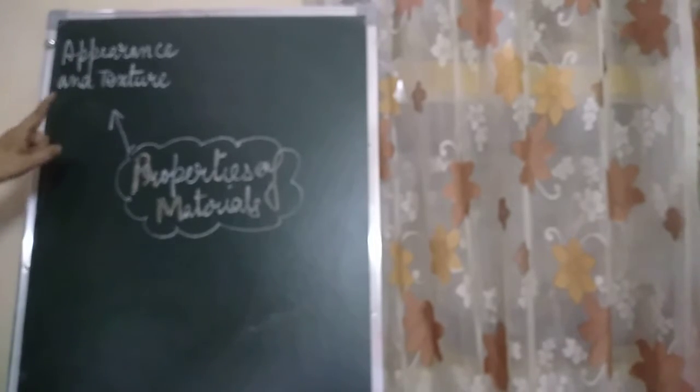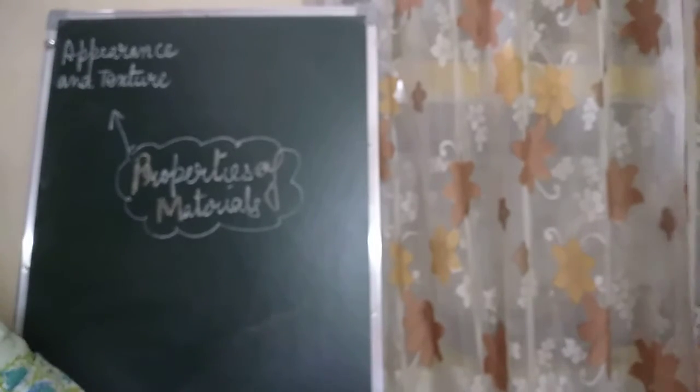Okay. Now if we talk about texture, children, what is it? Different materials feel different when you touch them. When you touch any material, what do you feel? You find that there is a different texture. For example, metal is hard and smooth, whereas wool is soft and rough.